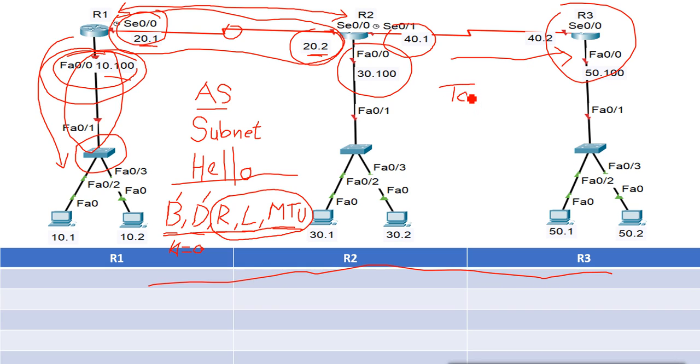In this topology table it will store all the information related to all the available networks. Like if it has one network and can reach it via 2 paths or 3 paths, it will keep information about all those paths in the topology table. And this is a benefit of EIGRP.